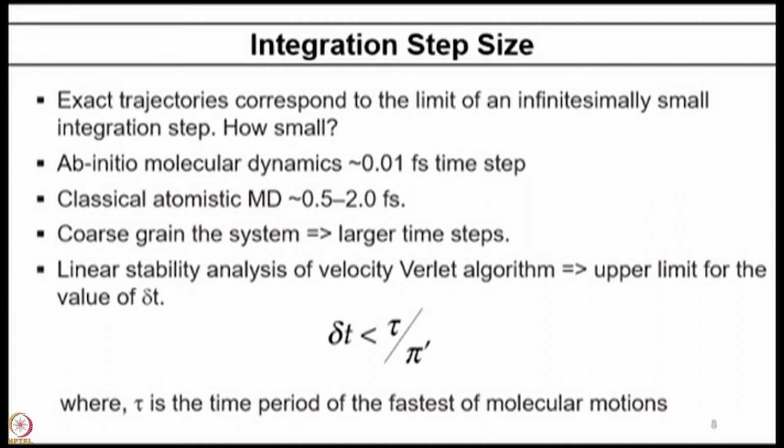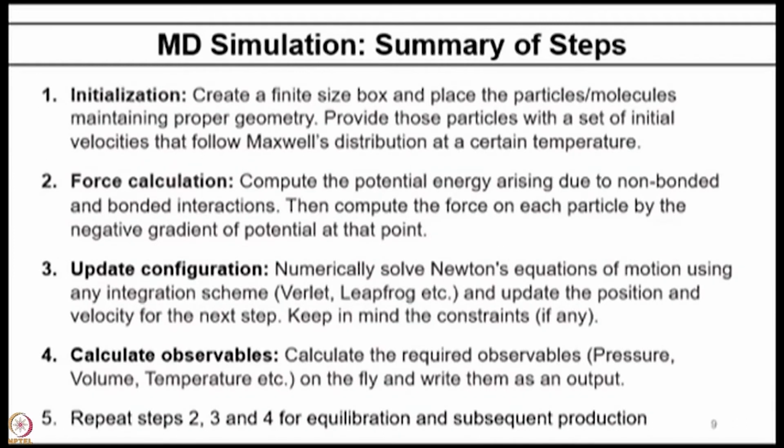Once we generate the trajectory, statistical mechanics tells us what to do with it, because we know the time averaging. We can calculate the pressure, the specific heat by energy fluctuation, and many other things like the radial distribution function. All these things we can calculate, and then our job is done. So here is the summary of the steps. You first create a finite box, and that's what we discussed in the last lecture, and I remember the example of ice.